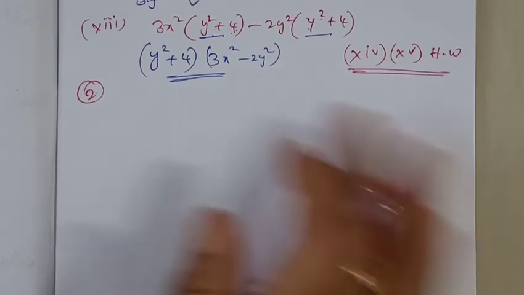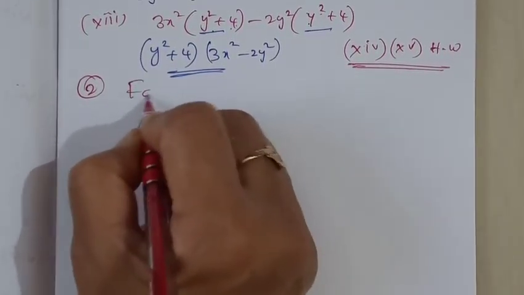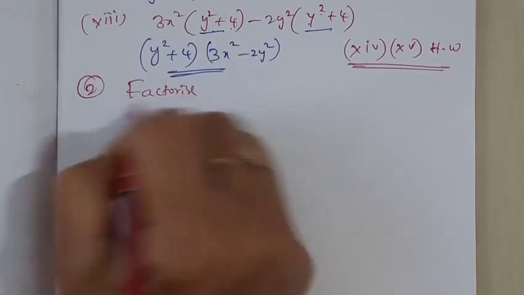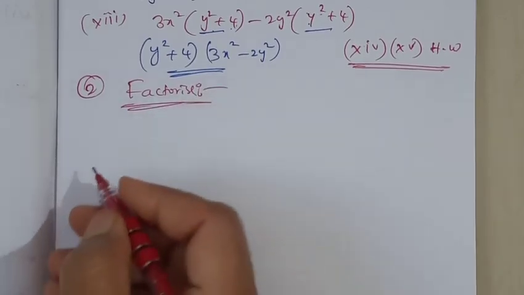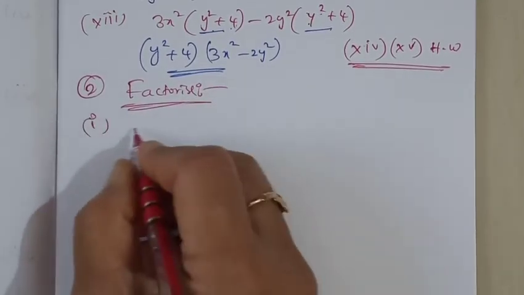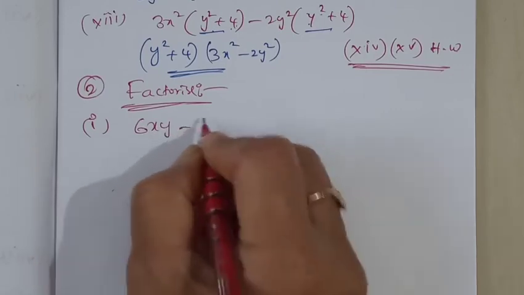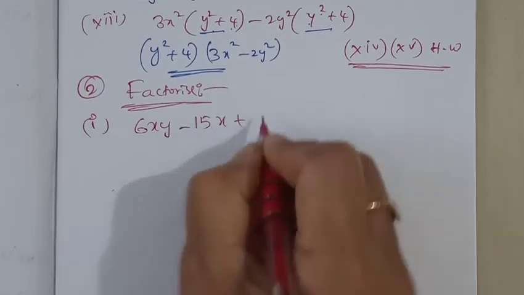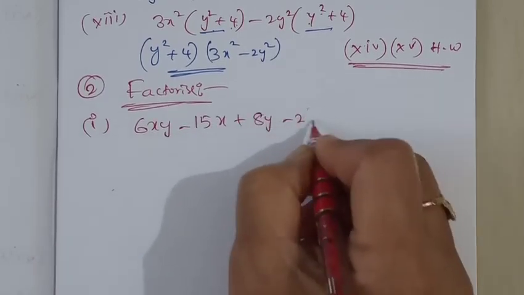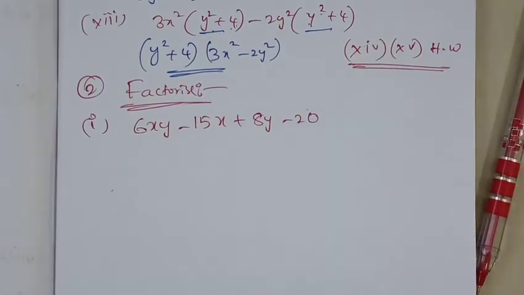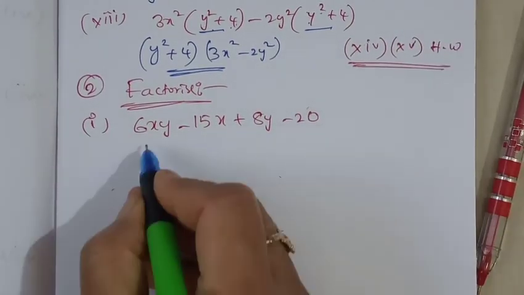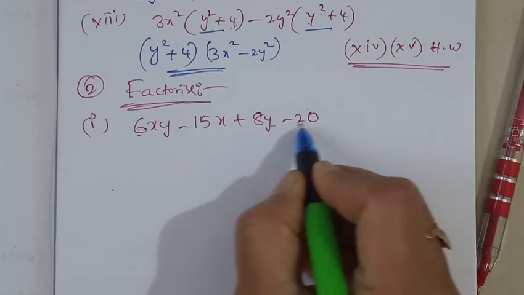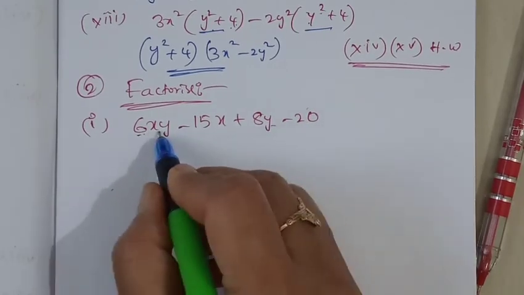Now second bit also, factorize the following. The question is 6xy plus 15x plus 8y minus 20. So here four terms are there.